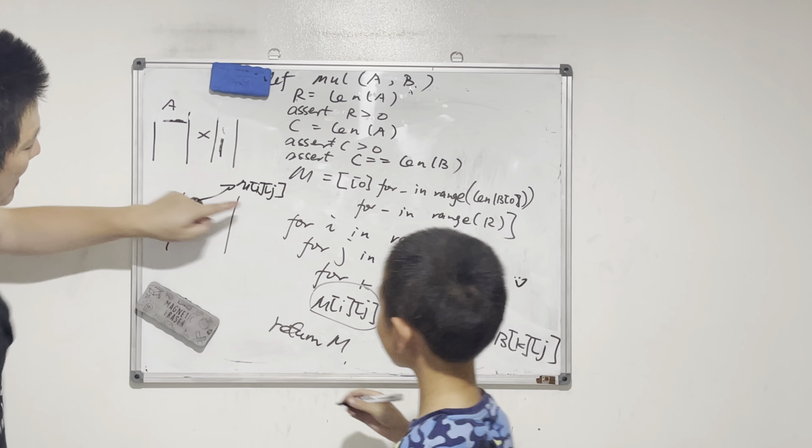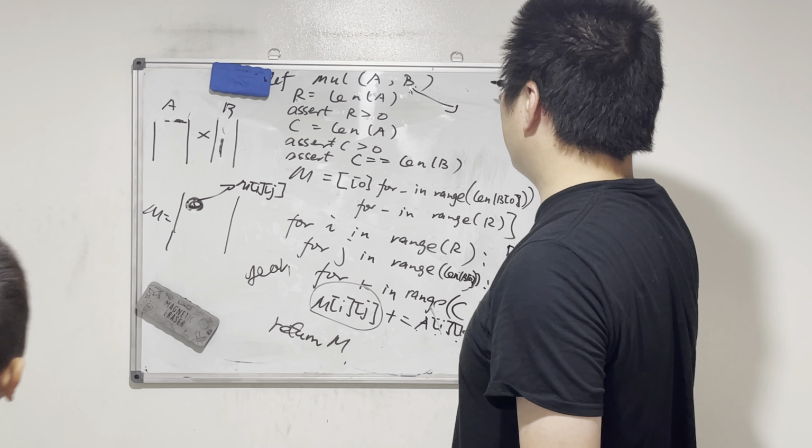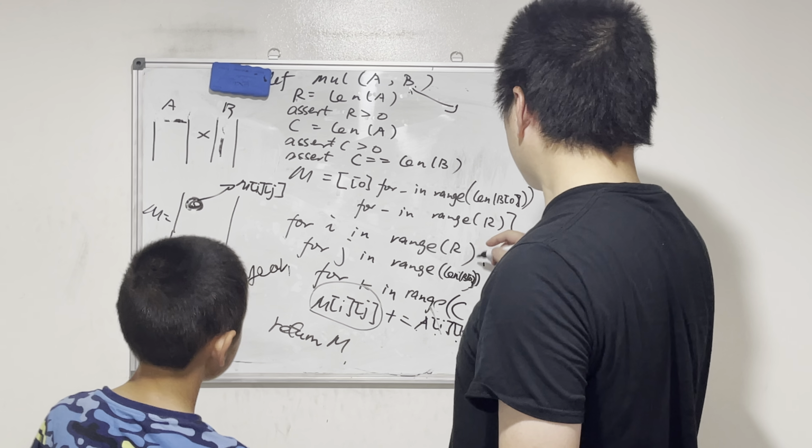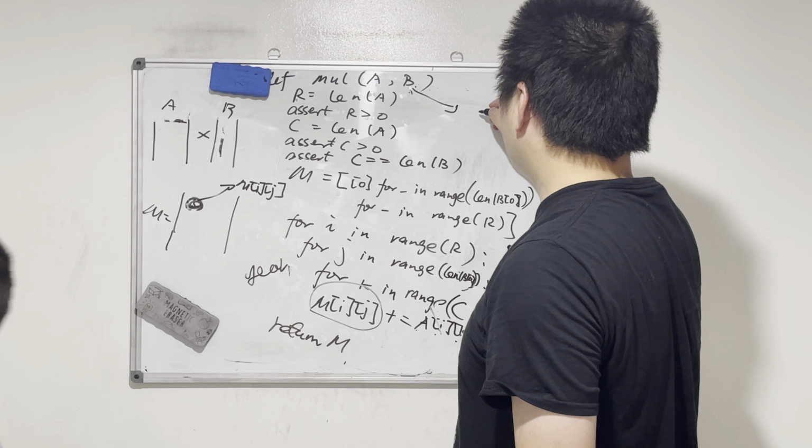What's the time complexity? Look at how many loops. 3 loops. This is R. This is length B0.